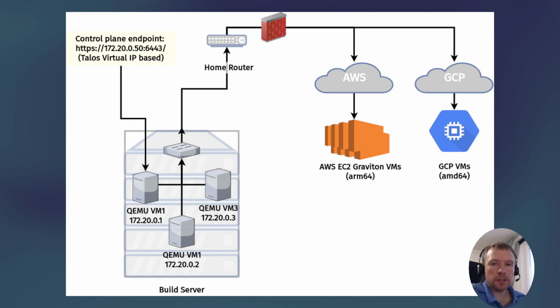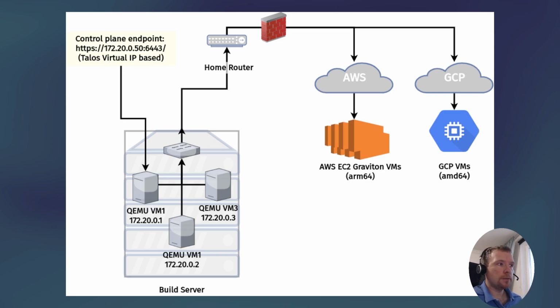And this address will be only available with the KubeSpan. So of course, this address is not available on the public internet, and AWS VM wouldn't have a way to join my cluster if not KubeSpan.